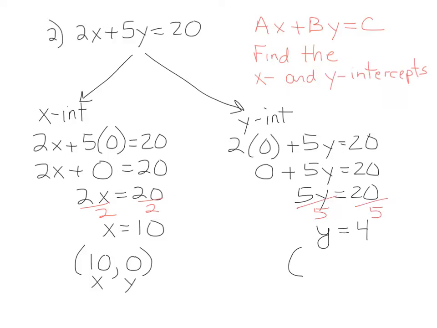Now remember, x comes first. In this one, x was 0 and y is 4. Remember, x comes first, then y. So now you have 2 points, and you graph them. I'm going to have to go to the next page.